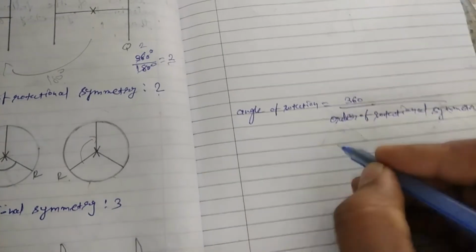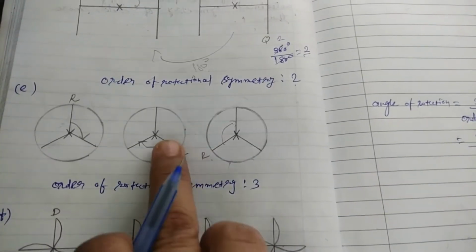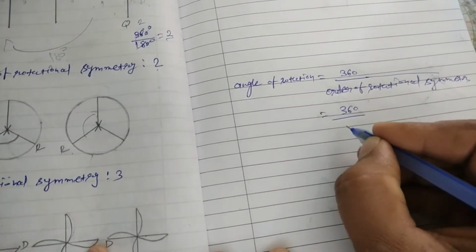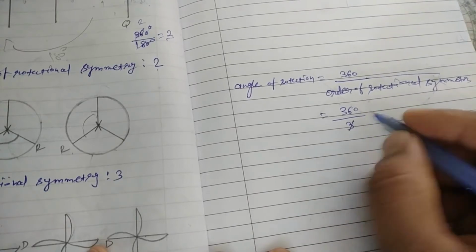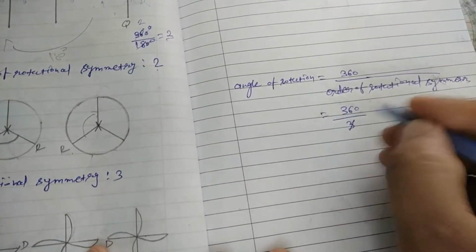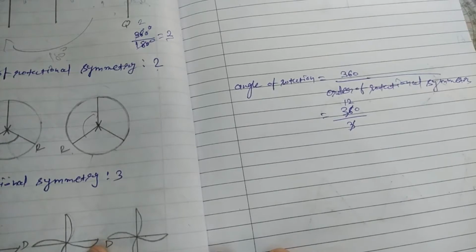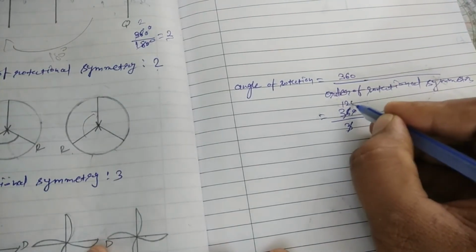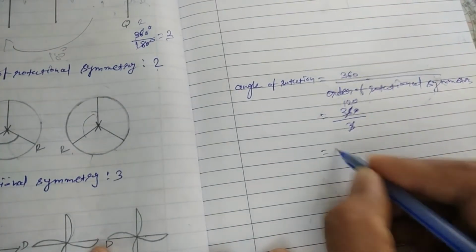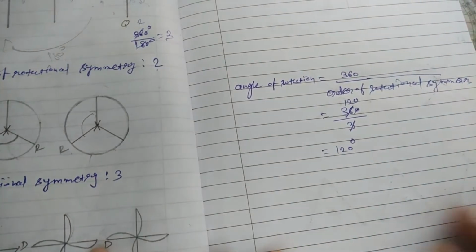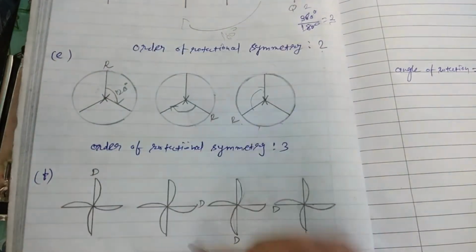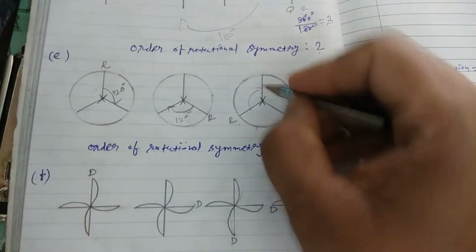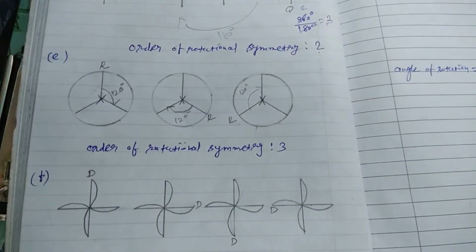So that is 360 divided by 3, as we know that 3 12s are 36. This 0 will come here. So what is the answer? That is 120, and it is degrees, it is an angle. So the angle of rotation for this shape is 120. 120 plus 120 plus 120, that is a full turn, that is 360.